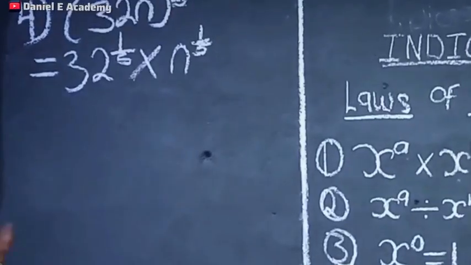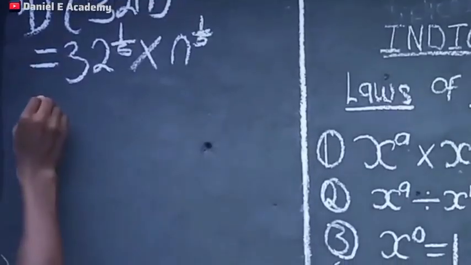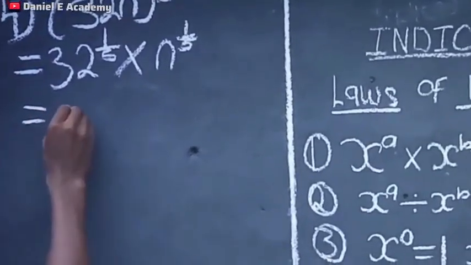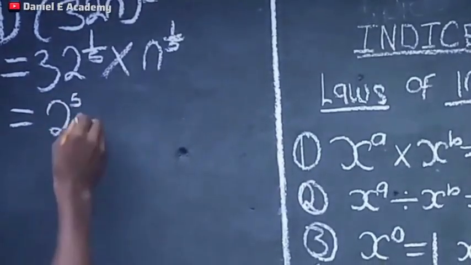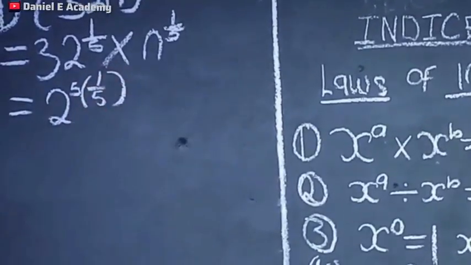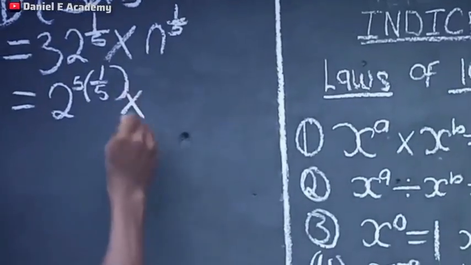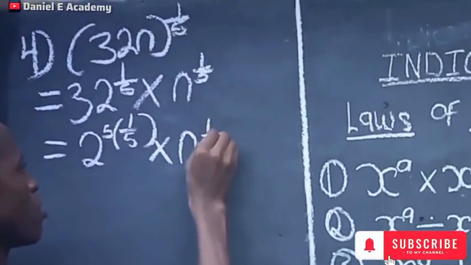For me, I prefer breaking it. It's faster and it's more reliable. So 2 power 5, all power 1 over 5, times n power 1 over 5.